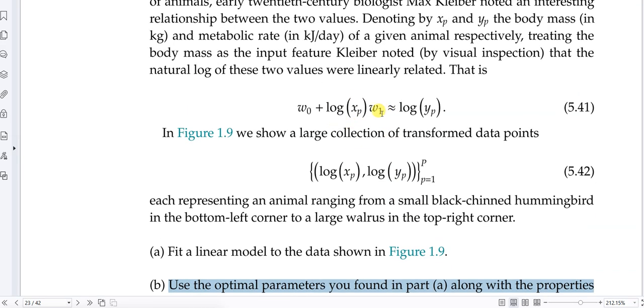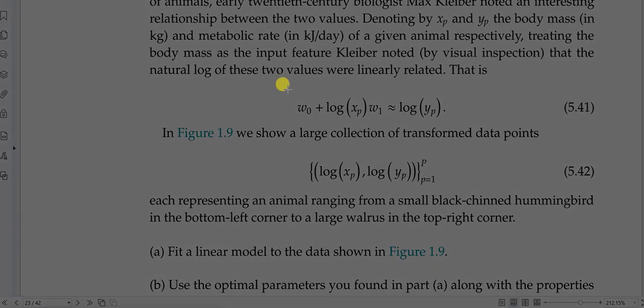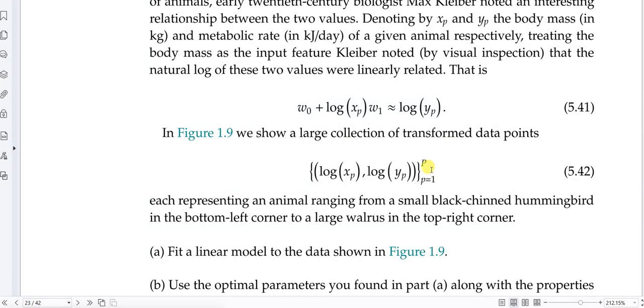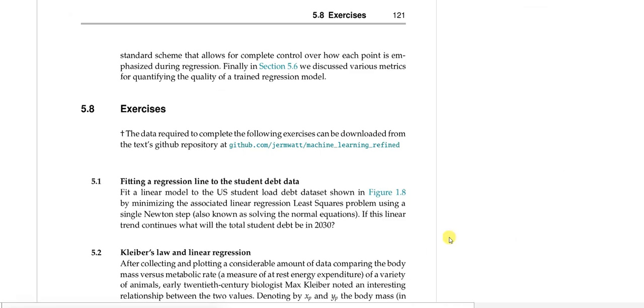The function is given here as log e power w naught. How is it connected to the linear model? Let me explain this. It is given in terms of the log.